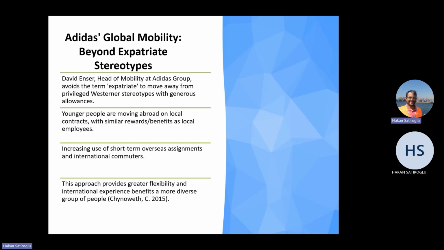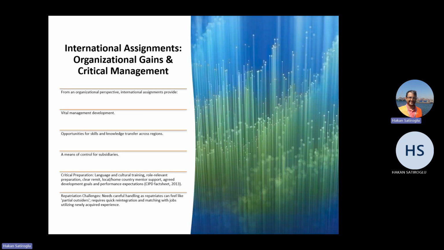We see that the challenge is coming here. Talented people find themselves feeling compelled to move and gain international experience. So the challenge is coming more from that perspective. I don't want to go more into that one because it's a bit of an international business perspective.